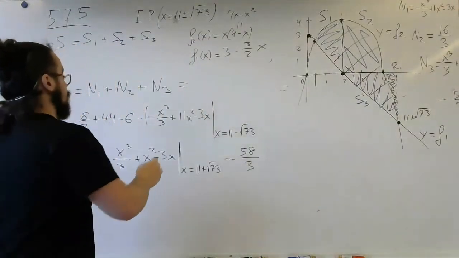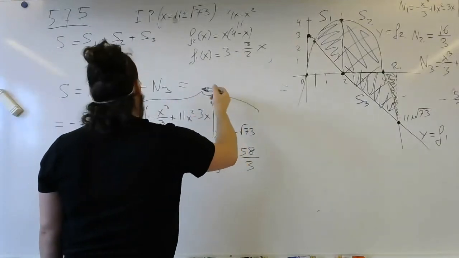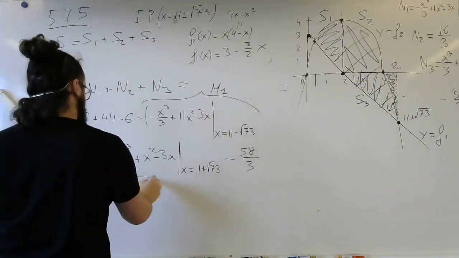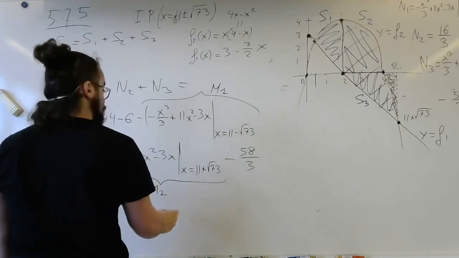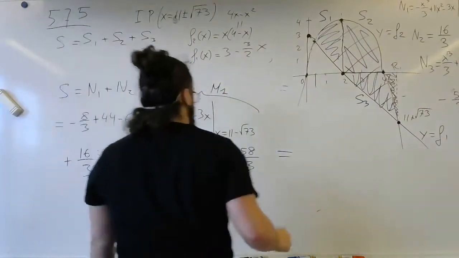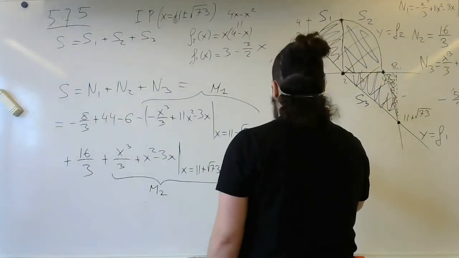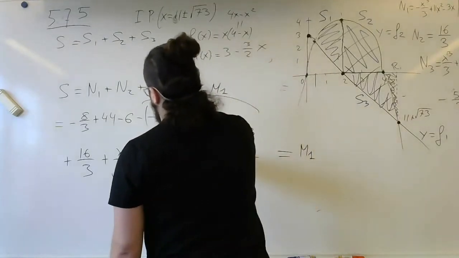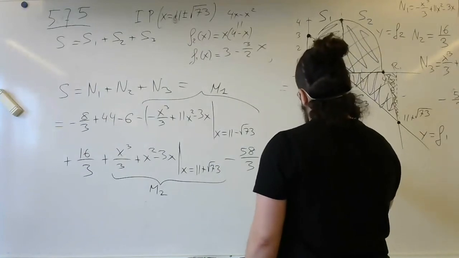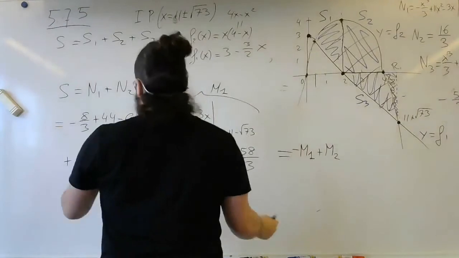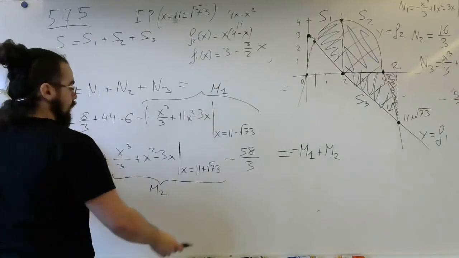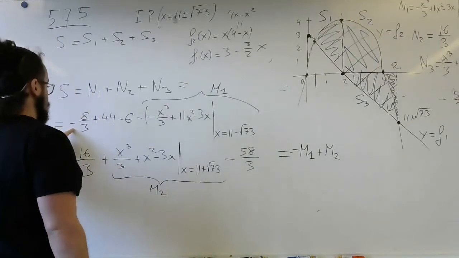So I'm going to call this, I don't know, M1, and I'm going to call this M2, and I'm going to put the numbers a little bit together. This is M1, plus M2, and now in order to gather all this a little bit, we found that minus 8 minus 58 is minus 64.